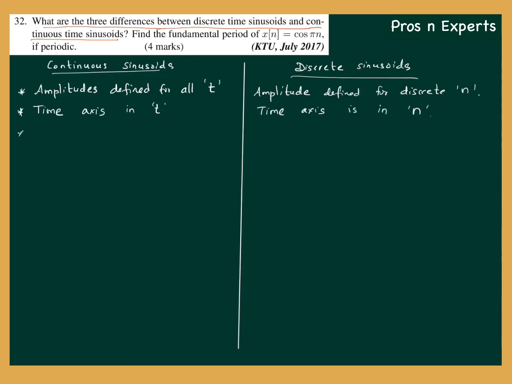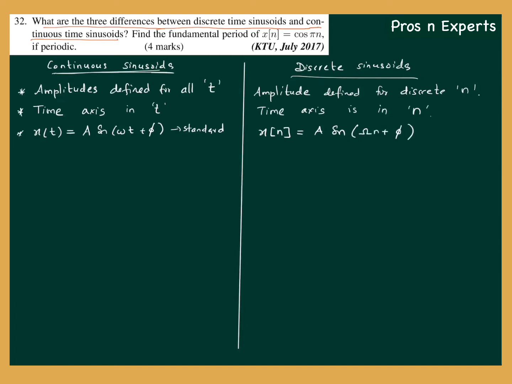The third point is about the standard form. The standard form of a continuous time sinusoid is x of t equal to A sine omega t plus phi, whereas in discrete time the standard representation is x of n equal to A sine omega n plus phi.